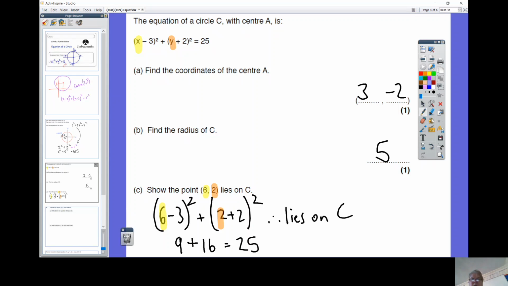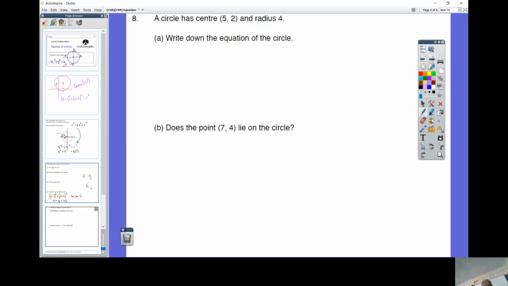Right, the next one, there's only six that several wanted to start on. Right, okay, so question 8, this is question 8, I can tell. Please, can you just write down the equation of the circle? We don't need to do part B, we've just seen how B works.